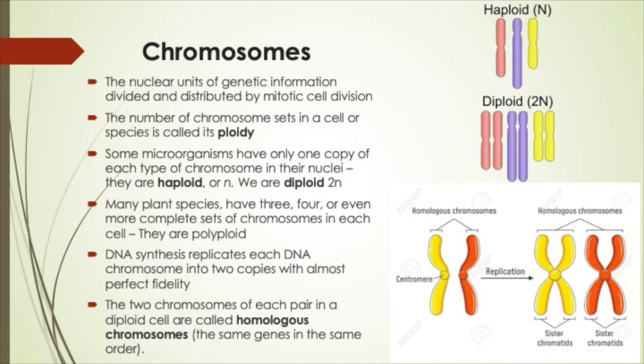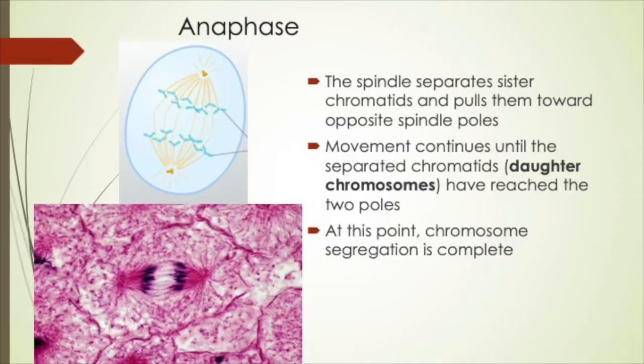We talked about ploidy with mitosis. Haploid means that it has one set of DNA, and diploid has two sets of DNA. In what phase of mitosis do the homologous chromosomes split? That's anaphase, right?